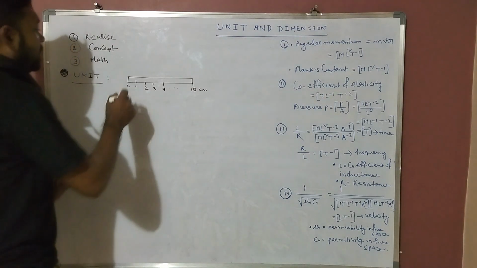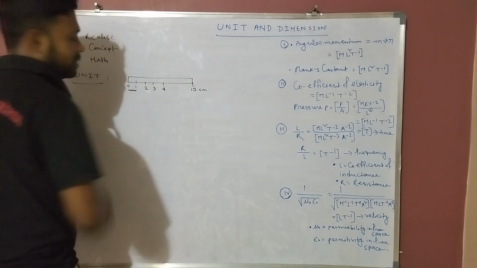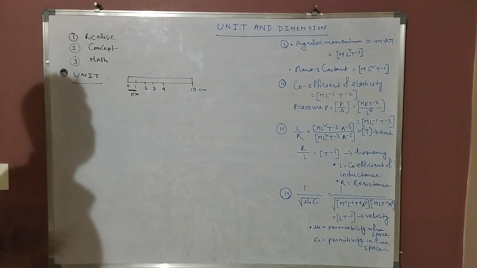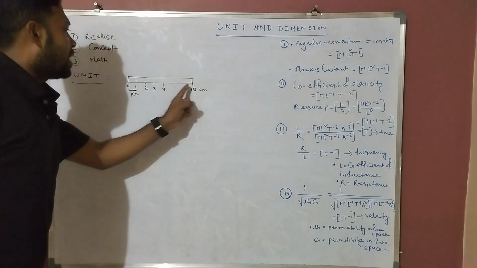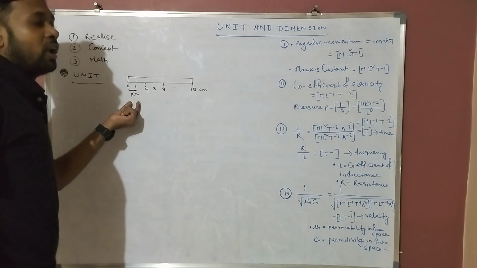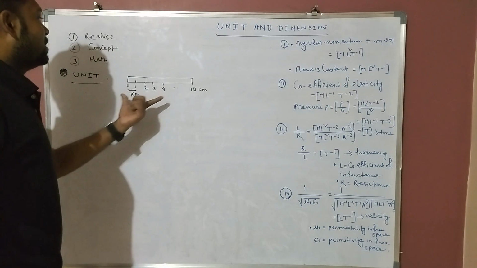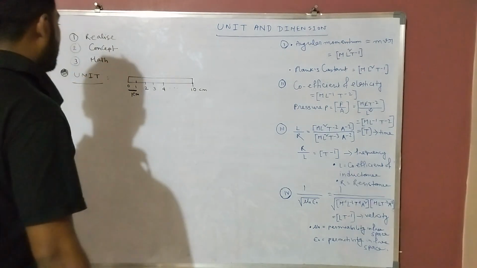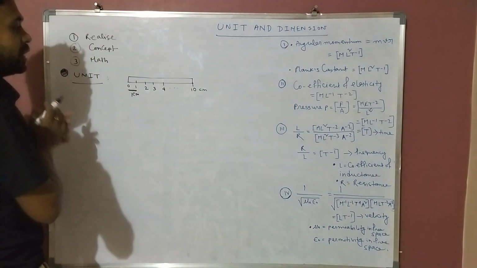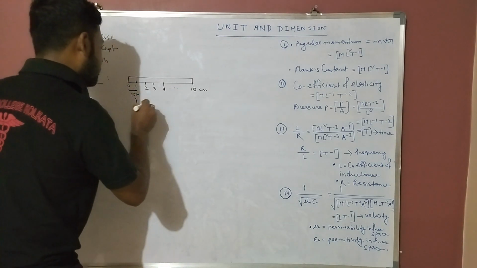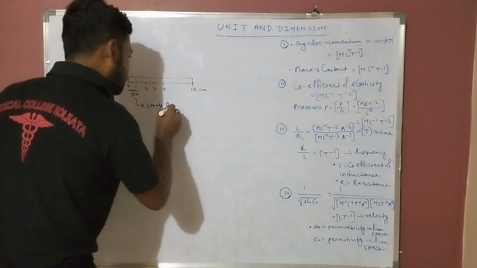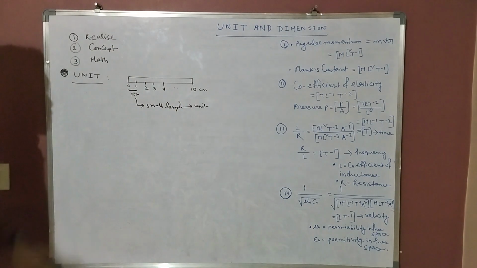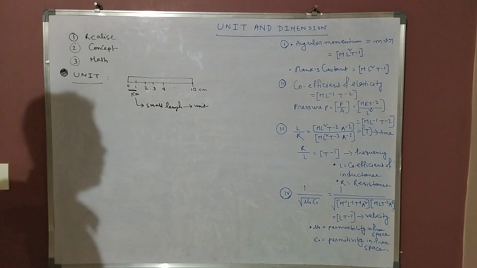At first, you have to take this small length. This is 1 centimeter, and with respect to this 1 centimeter, the total length is 10 times this small length. That's why we can say the total length is 10 centimeter, which is a multiple of this small length. So this small length is called the unit. Understood or not? What is a unit?